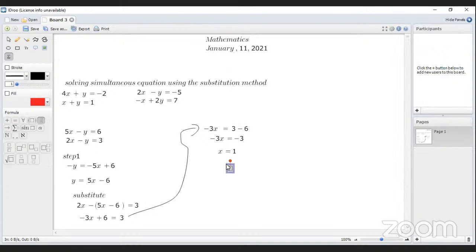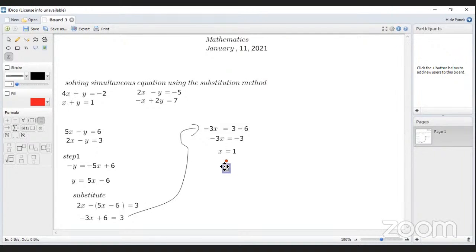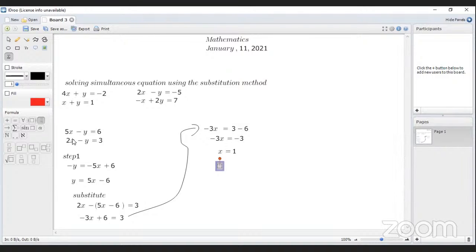So you just substitute x in equation 2. In equation 2, you sure? Sir, the second equation, it is x, not that one. Sorry, mix up.